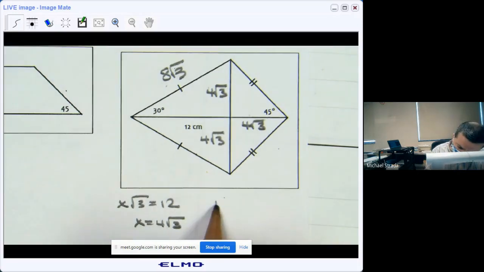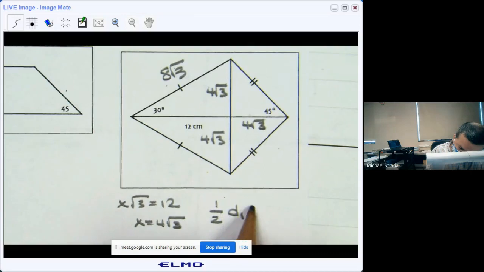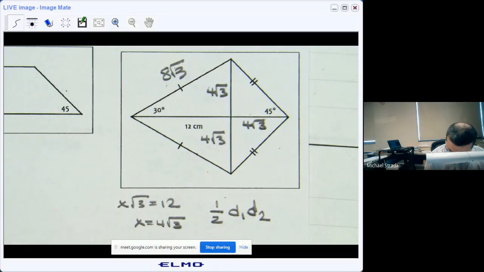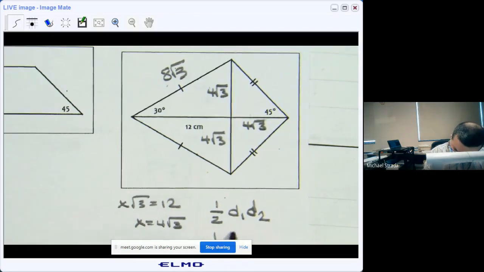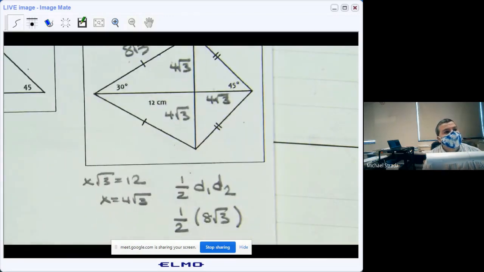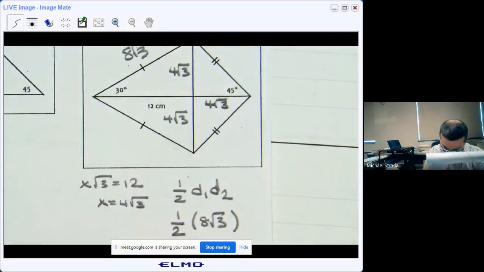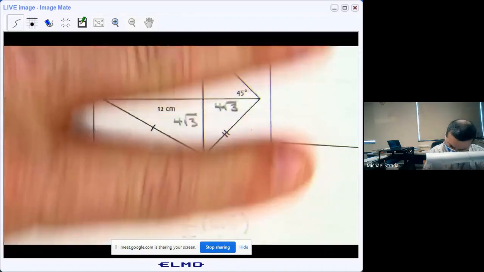1 half D1 D2. Okay. 1 half D1 D2. So 1 half, D1 can be 8 root 3. Everybody okay with that? And then D2, I'm going to erase and slide over. I'm not going to have enough room.